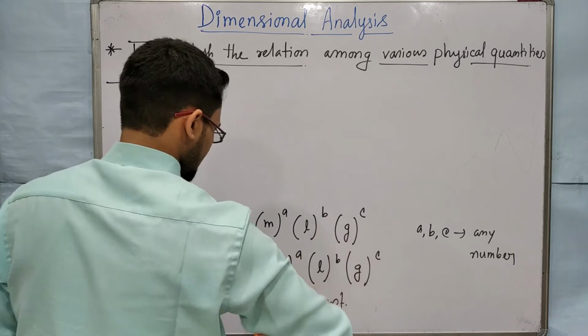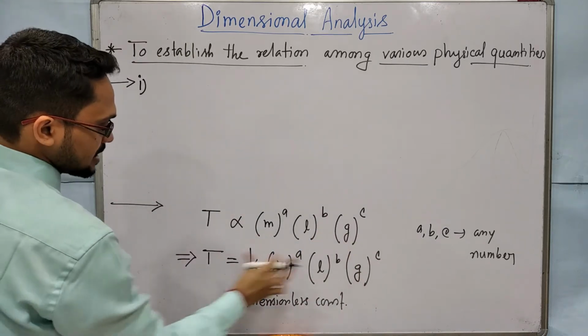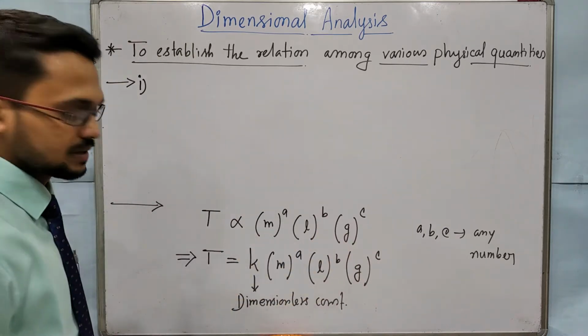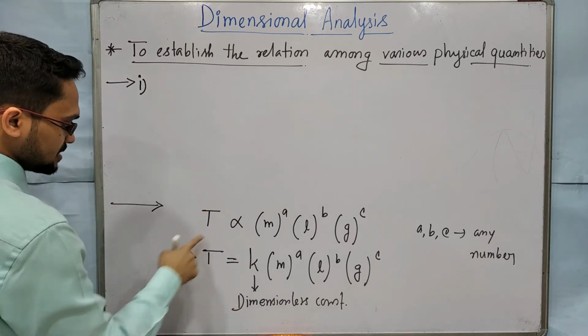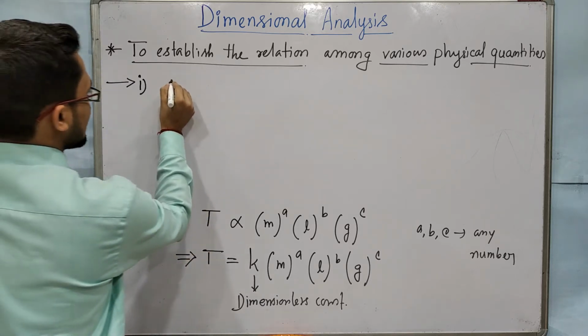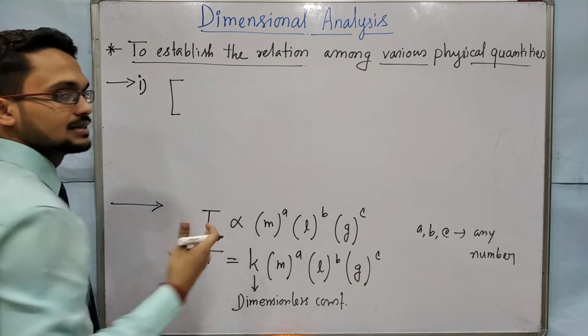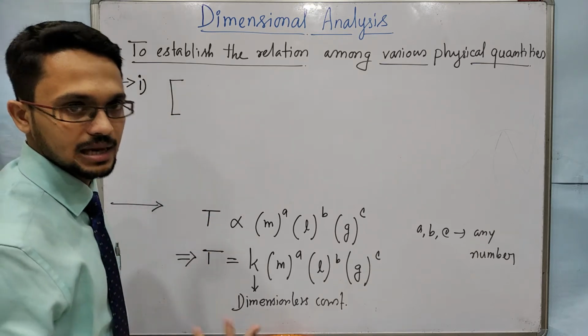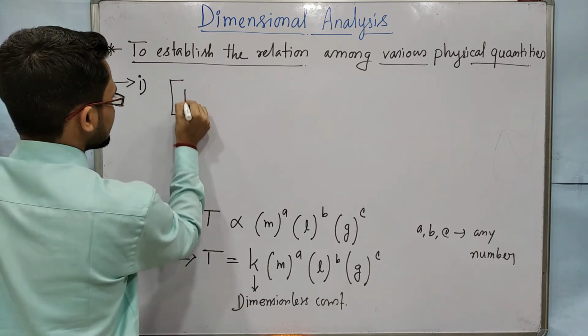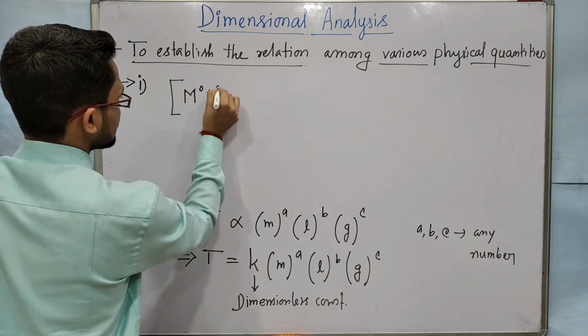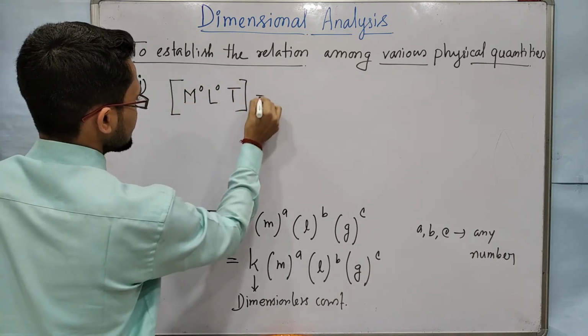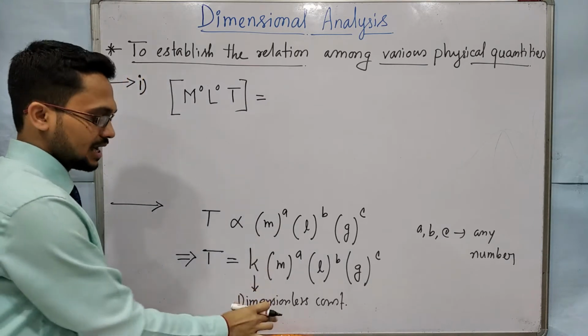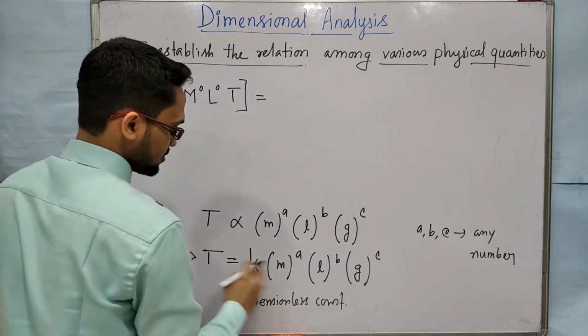Now you will write the dimensions on both sides of the equation. The dimension of time period: it has unit second, so its dimension will be capital T. M and L are missing, so M to the power 0, L to the power 0, T. K has no dimension, it is a dimensionless constant, so do not bother about k.